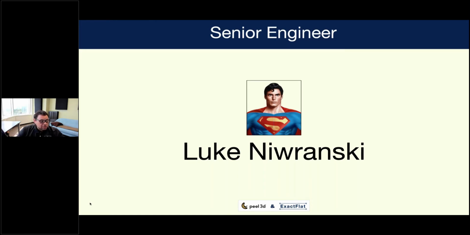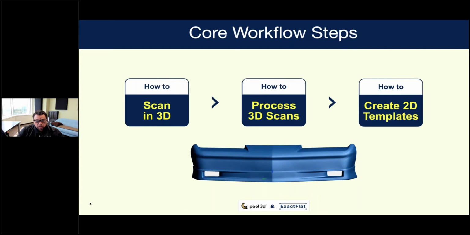We're going to cover as much as we can in terms of the workflow. There are three broad steps involved in making templates. The steps are, first, we scan in 3D. The next is we process the scan and defeature elements that are not useful for making templates. And the last thing is we convert from 3D to 2D to create our templates.